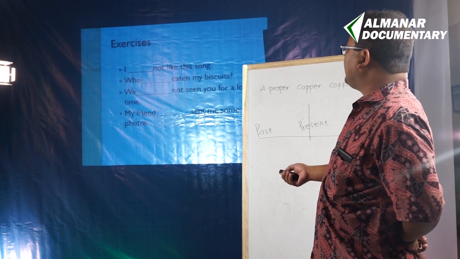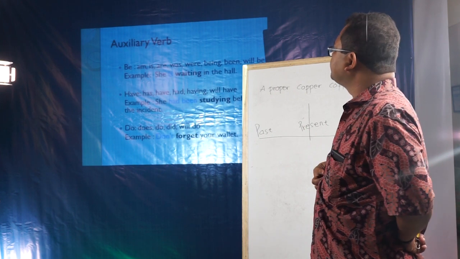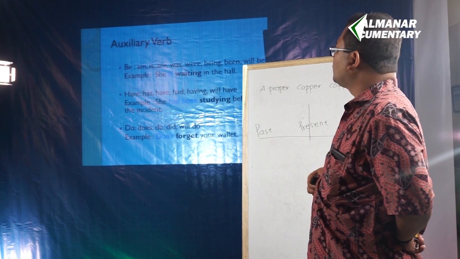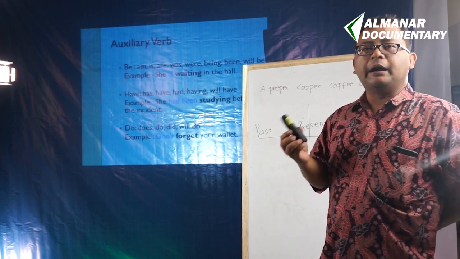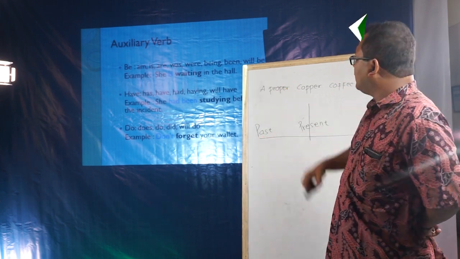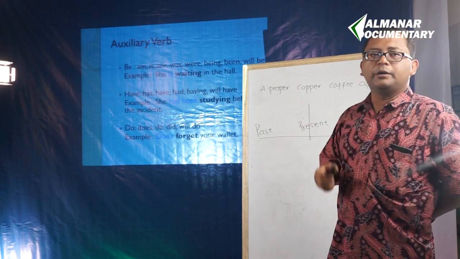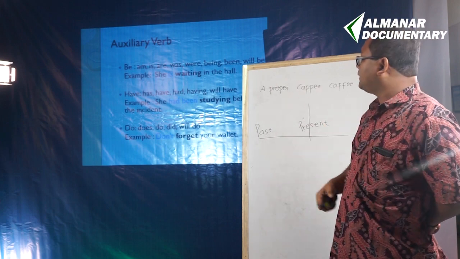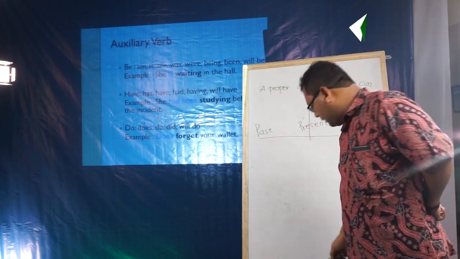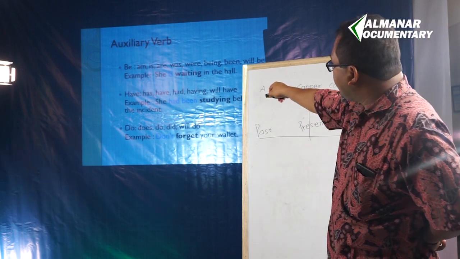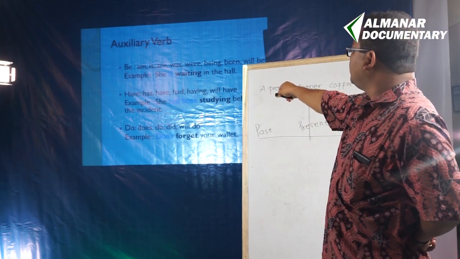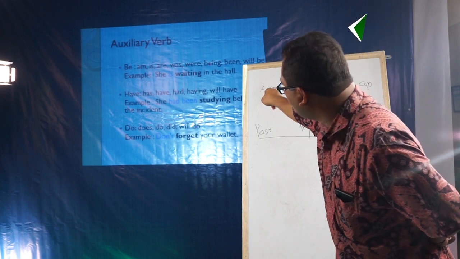Now, before that, can you look at this first? Remember, be, is, are, was, were, being, all of these, and then have. How do we use has? How do we use have? How do we use had and having and will have, for example?